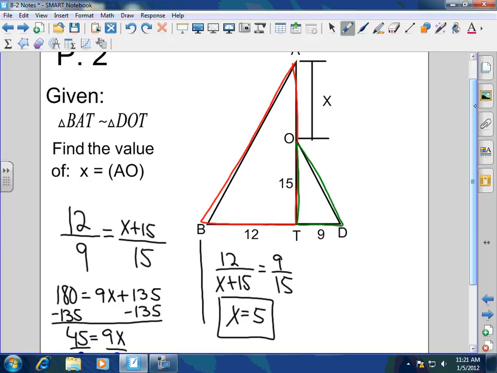Or I take each triangle individually. Small side of large triangle 12 to large side of large triangle x plus 15. I set that equal to small side of small triangle 9 to large side of small triangle 15. It's just a matter of how you want to interpret it. Does that make sense, guys? Yes, sir. You good, my man? All right. May I continue, gentlemen?